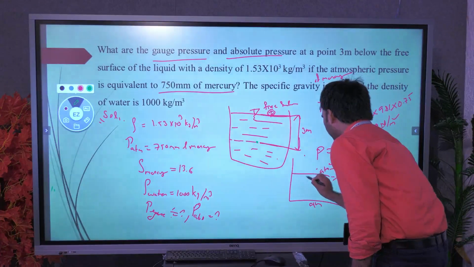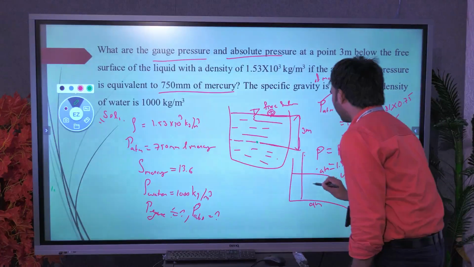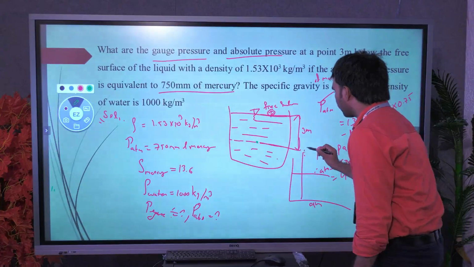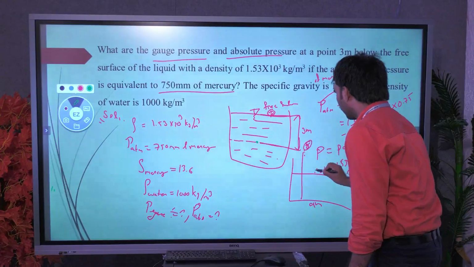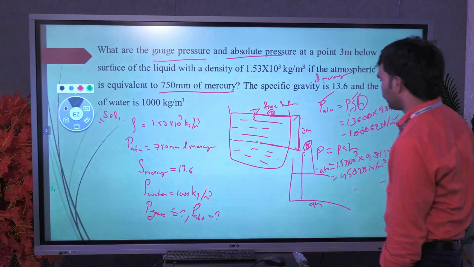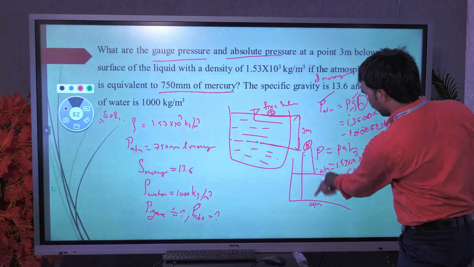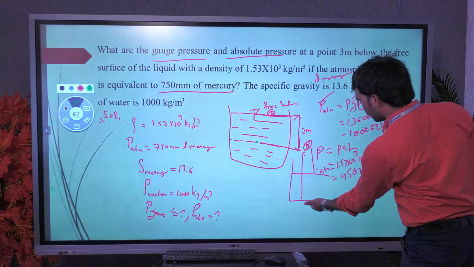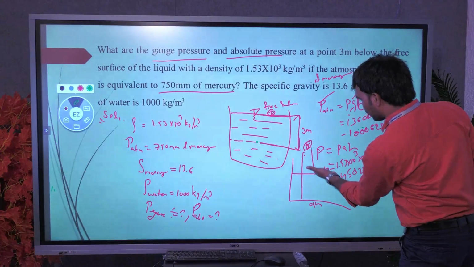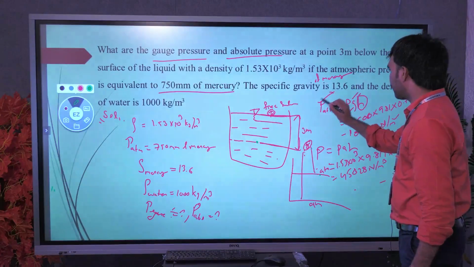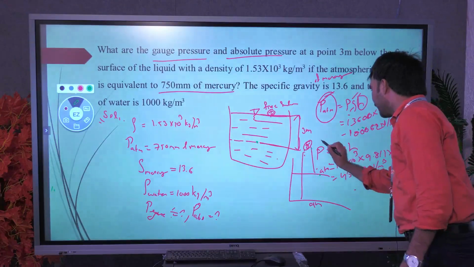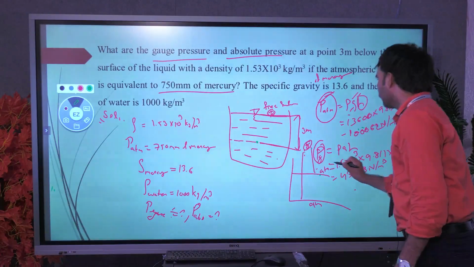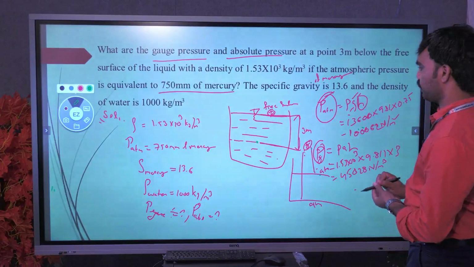If you measure the pressure with reference to absolute 0, that means atmospheric pressure plus gauge pressure. If you add the atmospheric pressure to this gauge pressure, you will get the total pressure.